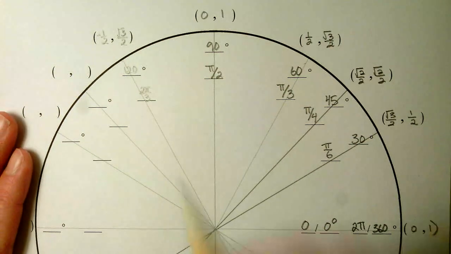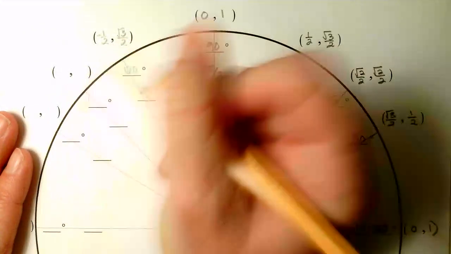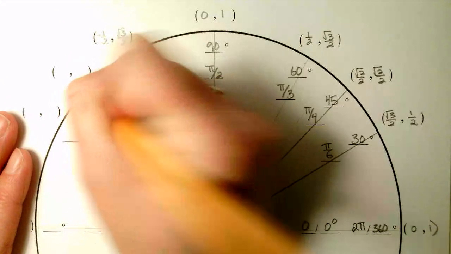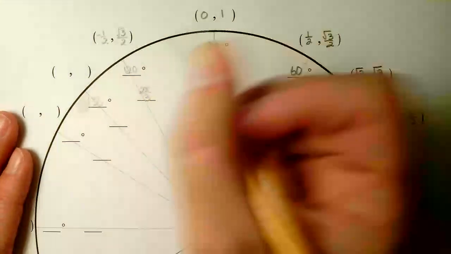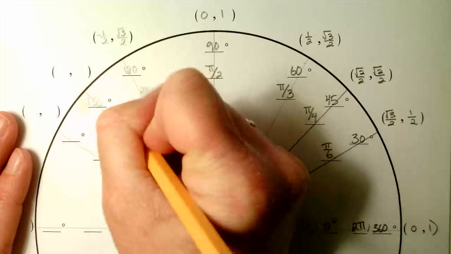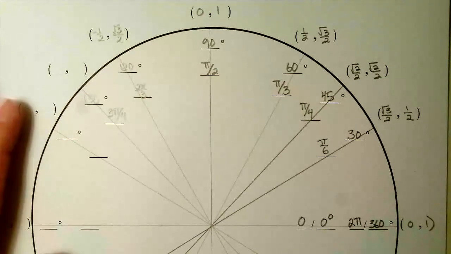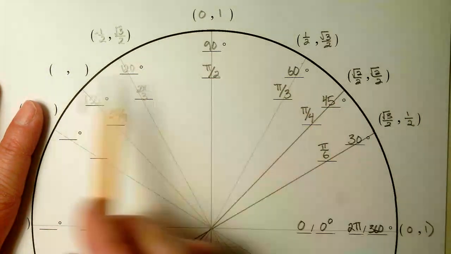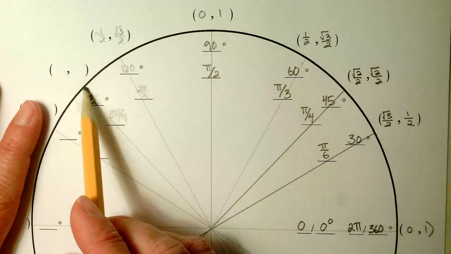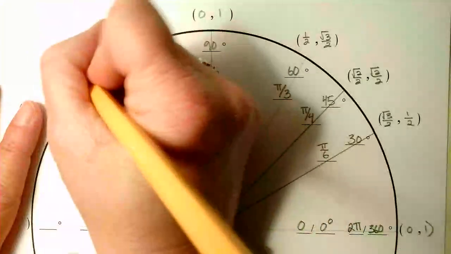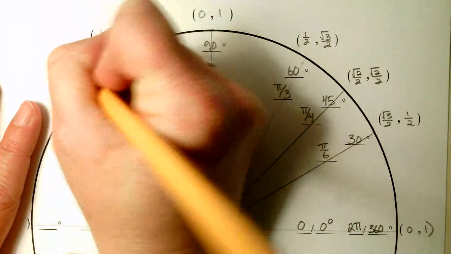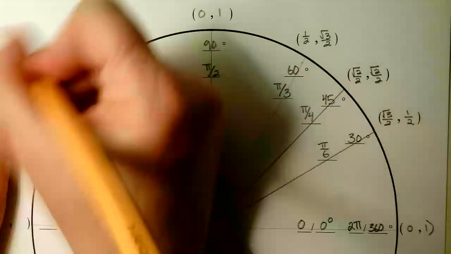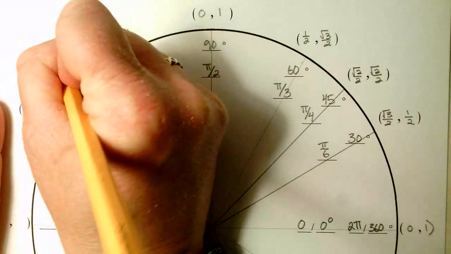Okay, similarly, I have 135 degrees, right? I went another pi over 4, so this is 3 pi over 4. Again, this is a reflection of this point over the y-axis. So the y value is staying exactly the same, but the x value is turning negative.